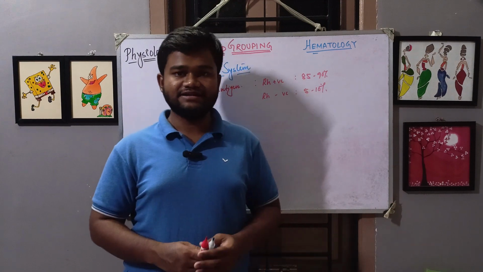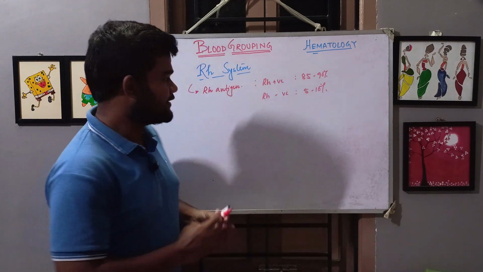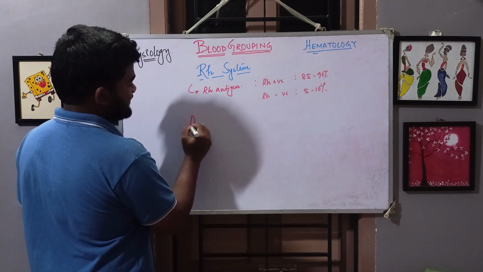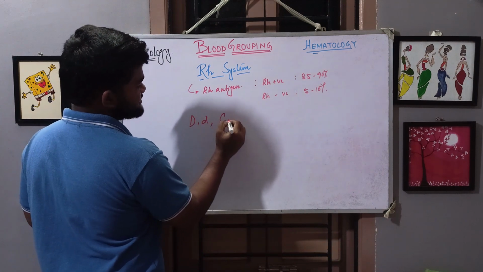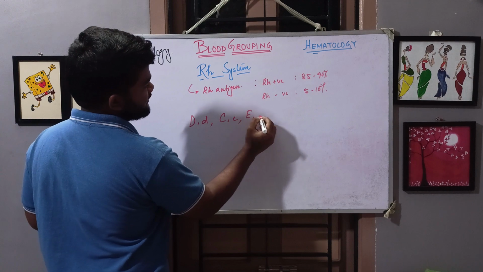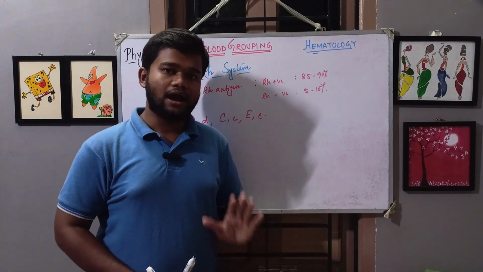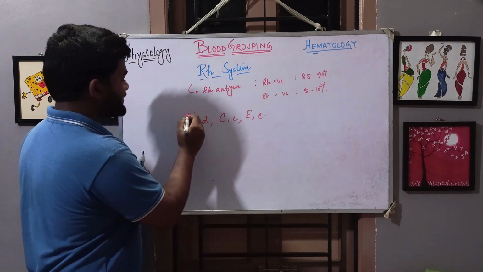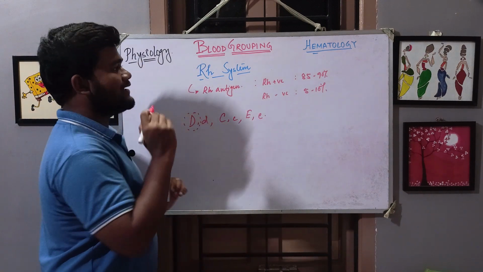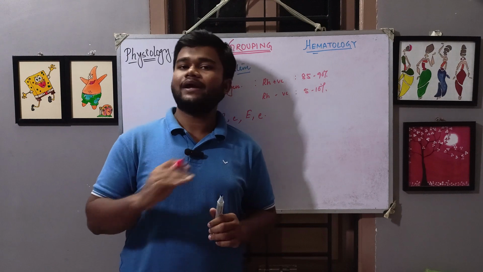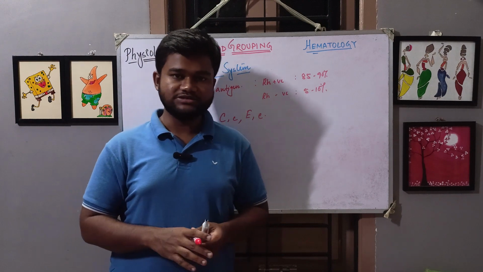These Rh antigens are of 6 types, namely capital D, small d, capital C, small c, capital E, small e. Total 6 different types of Rh antigens are found. Out of these, the capital D antigen is found in almost 70 to 80% of the individuals.